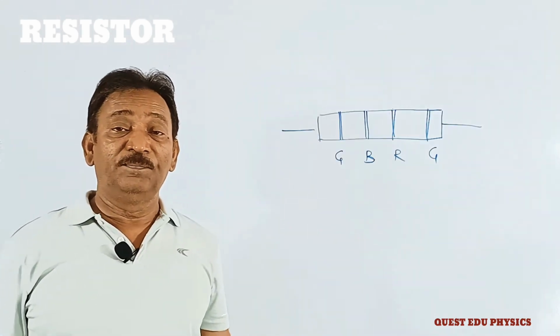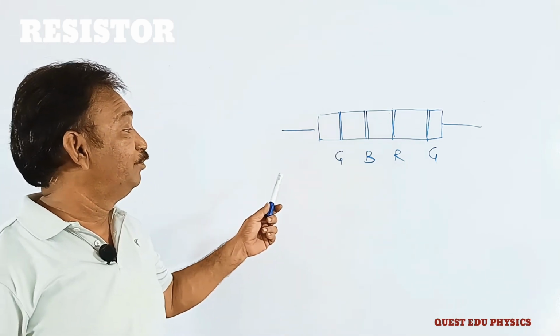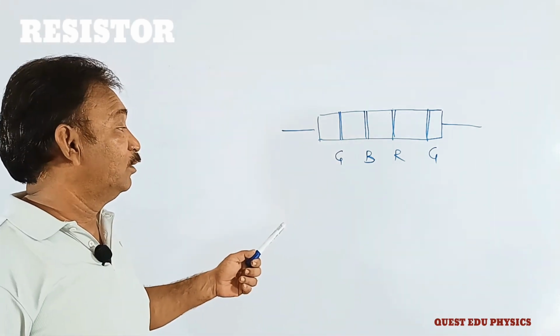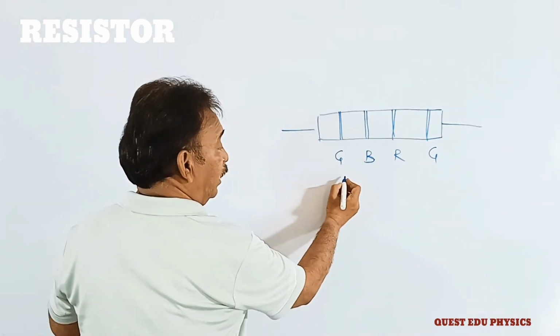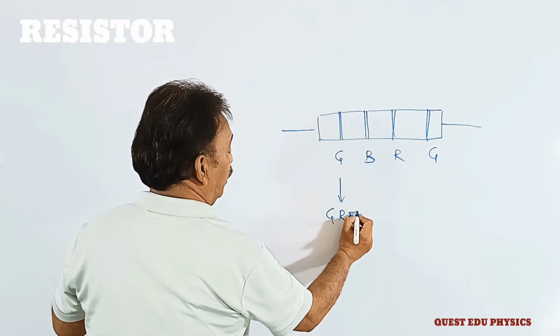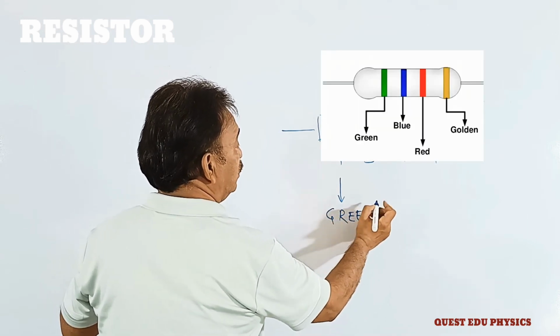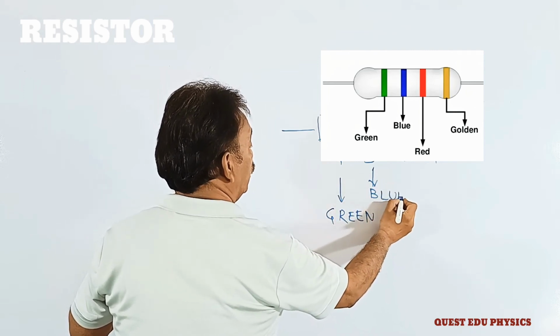Okay, students. A resistor seems like this. It has four rings over it. The first ring here is green, students. It is painted in green. And the second ring is blue, students.